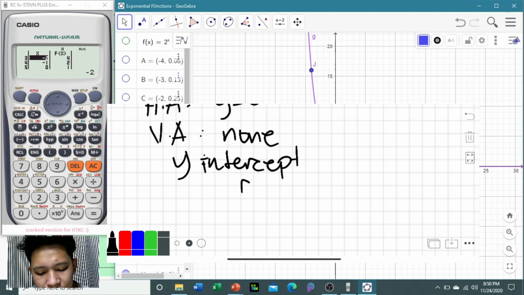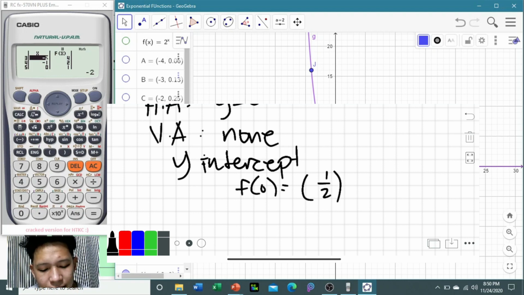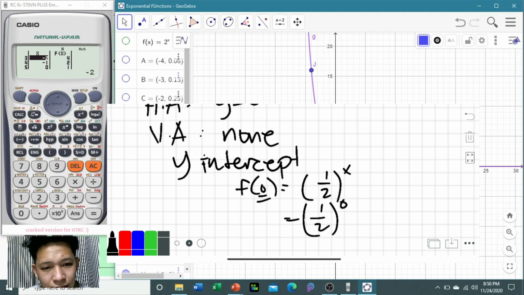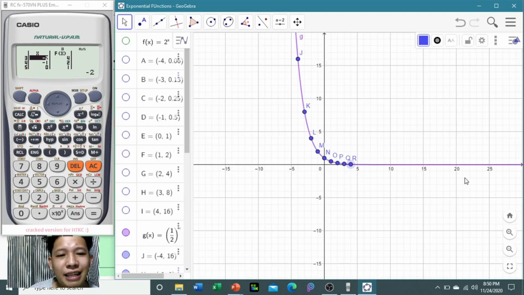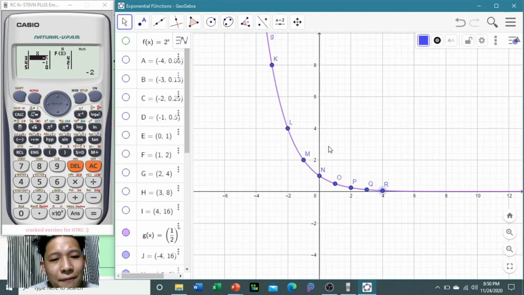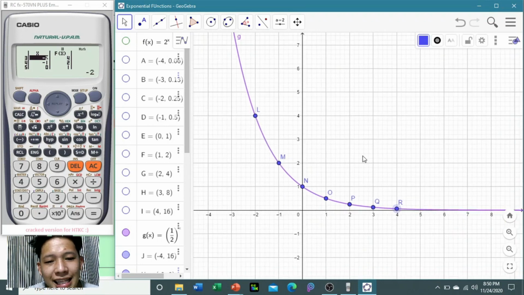So we have f of 0 equals 1/2 raised to x. And ang gagawin natin, lahat ng x gagawin natin 0. So we have 1/2 raised to 0. And that would be what? So any number or any base raised to 0, that is equivalent to 1. Ibig sabihin ng ating y-intercept would also be 1. So kung mapapansin nyo dito sa ating graph.